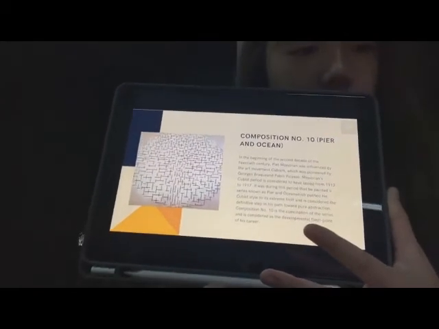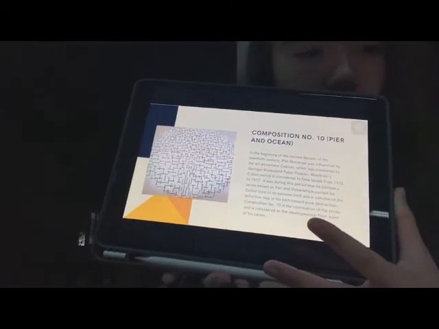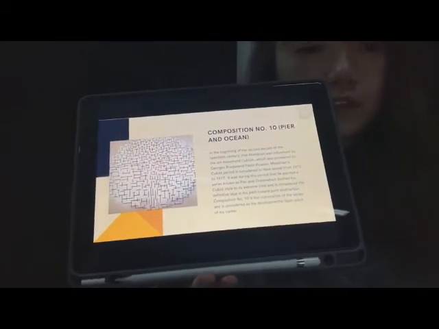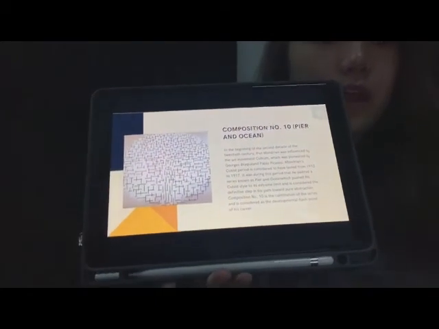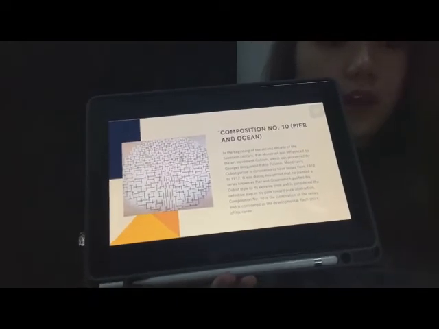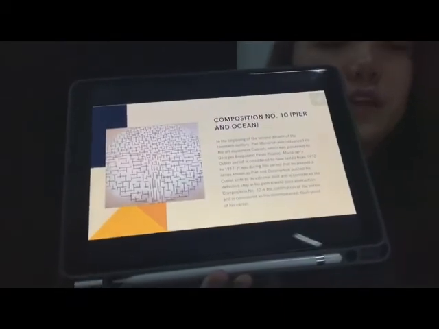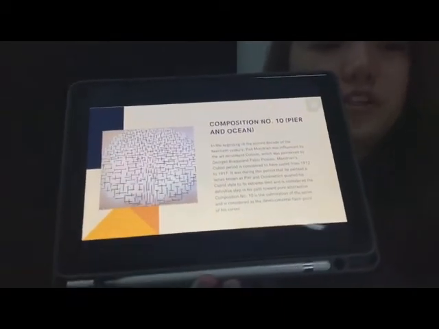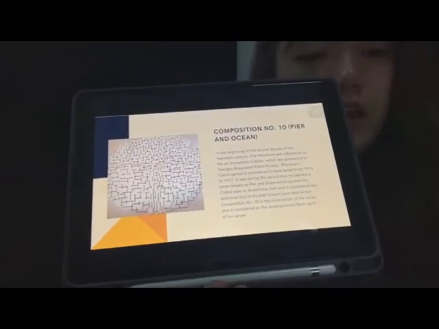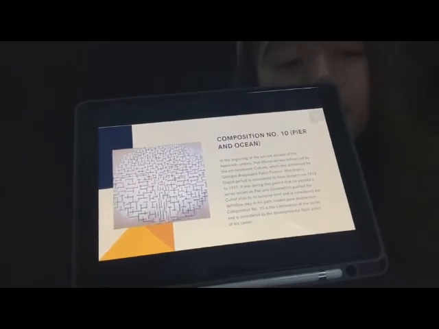It was during this period that he painted a series known as Pier and Ocean, which put the Cubist style to extreme limits, and is considered the definitive step in his path toward pure abstraction. Composition Number 10 is the culmination of the series and is considered the developmental flashpoint of his career.